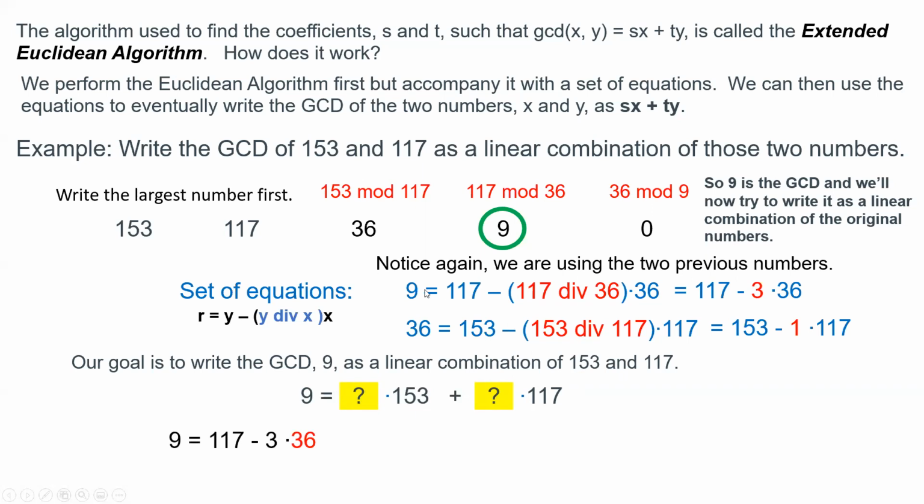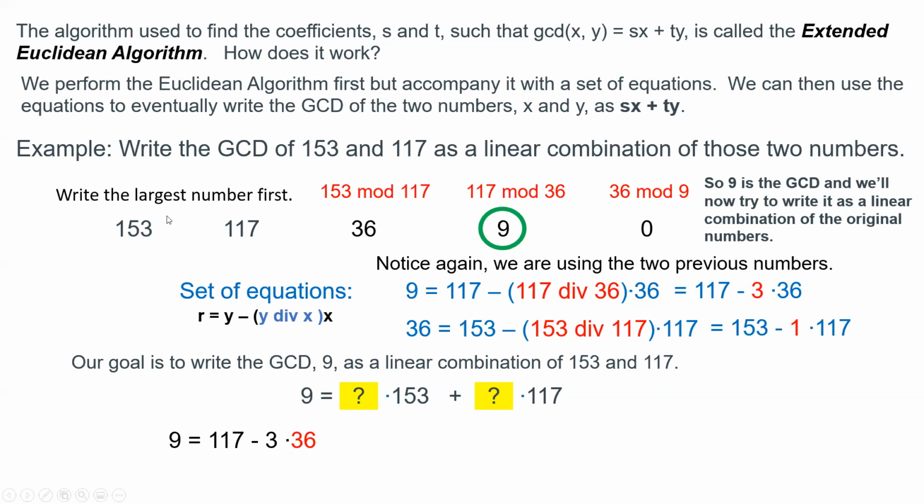Well, starting with 9 equals this, we found that 9 equals 117 minus 3 times 36. I'm going to start with that. But guess what? We know that 36 can be written like this, 153 minus 117. Ultimately we want everything in terms of 153s and 117s.